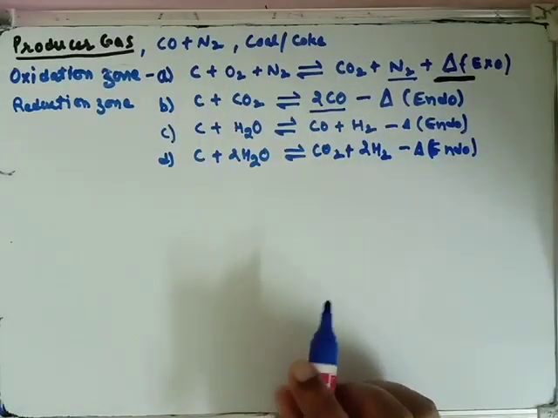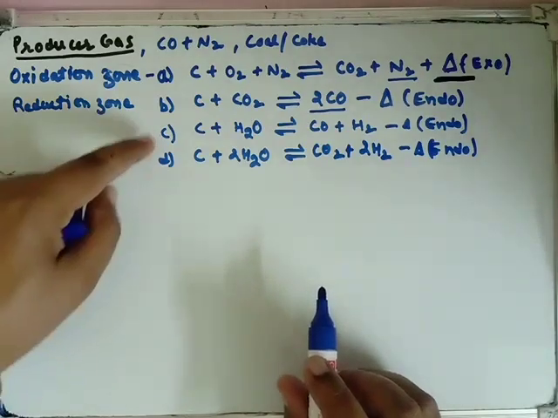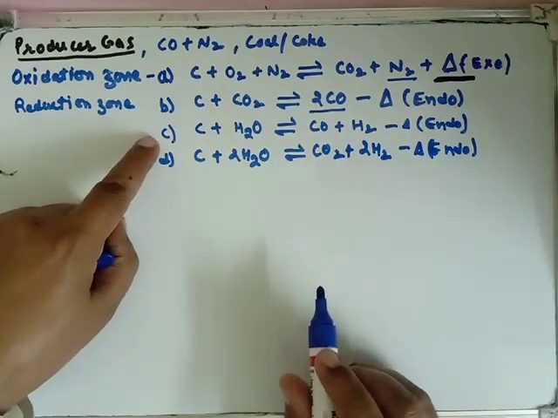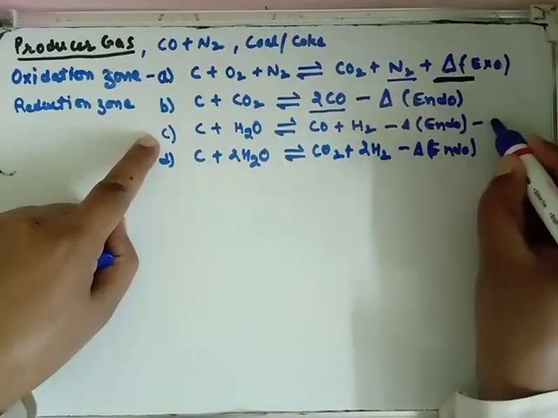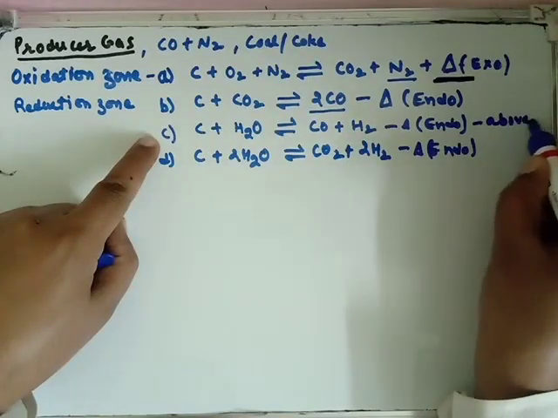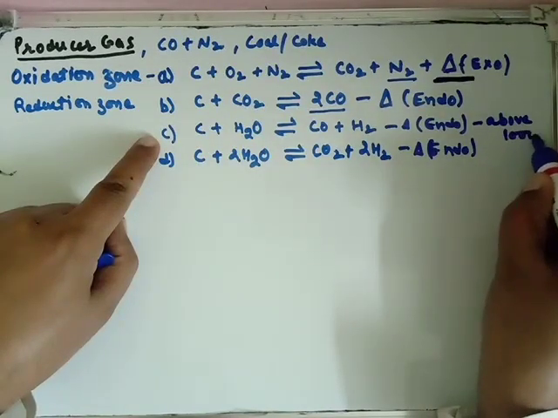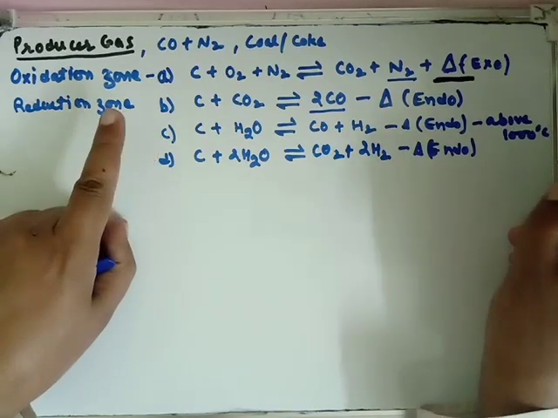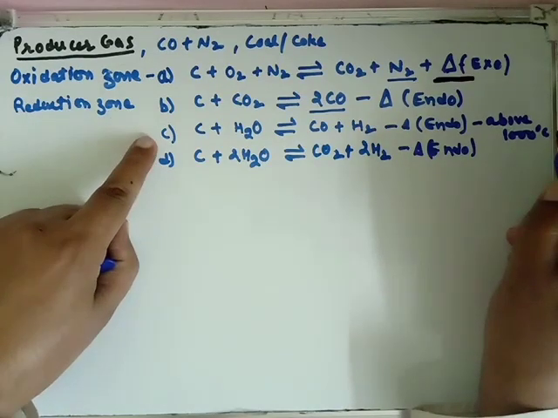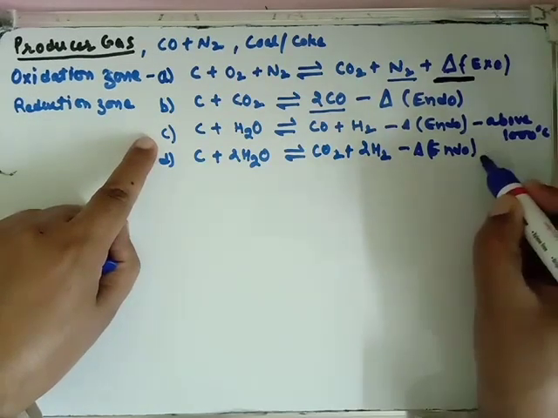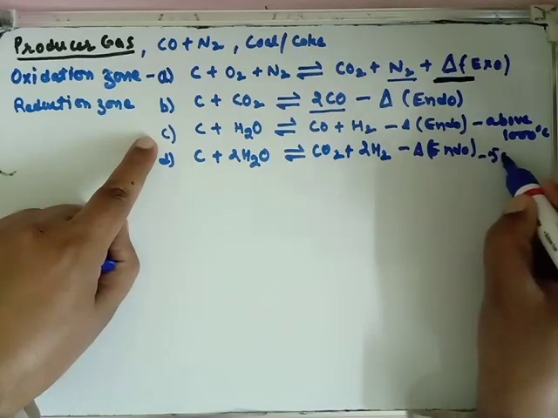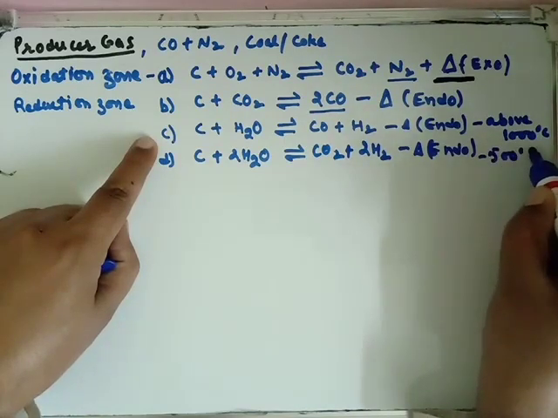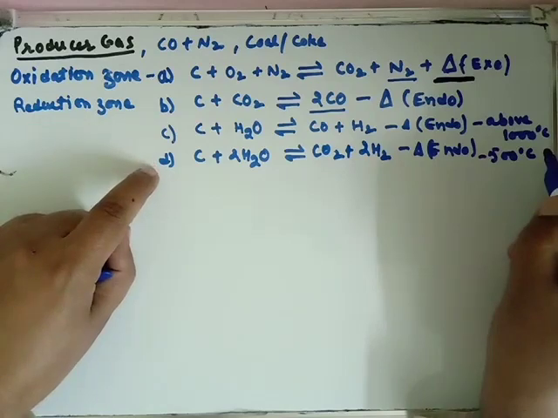Now there is a difference between these two reactions: reaction C takes place above 1000 degrees Celsius. When the temperature is above 1000, reaction C will take place. When the temperature is around 500 degrees Celsius, reaction D will take place.